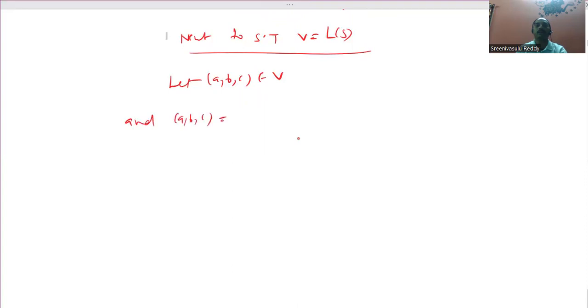And let (a, b, c) equal alpha times the first vector plus beta times the second vector plus gamma times the third vector. It is alpha, not alpha 1.